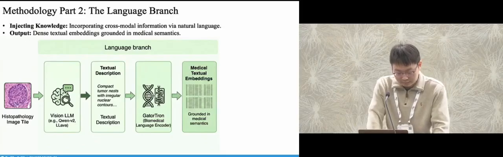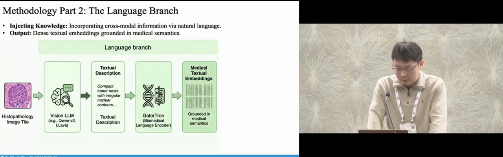Once we have these descriptions, we encode them using Gatortron. For those unfamiliar, Gatortron is a biomedical language model pre-trained specifically on clinical and pathological data. By using Gatortron, we ensure that our textual embeddings are dense and deeply grounded in medical semantics.